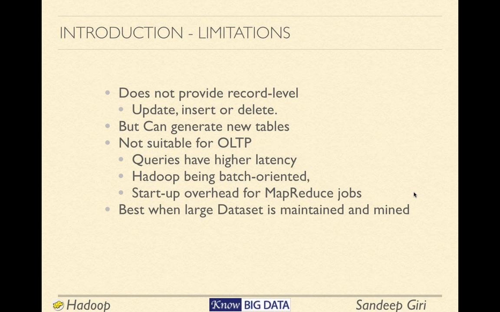Every query gets converted into MapReduce by Hive and then sent to Hadoop, and since Hadoop has a latency in launching a job, that makes Hive slower too. There is a startup overhead, and therefore Hive is not great for online transaction processing. These are the limitations. It is great when you have to maintain an existing data set and mine a data set instead of altering a data set.